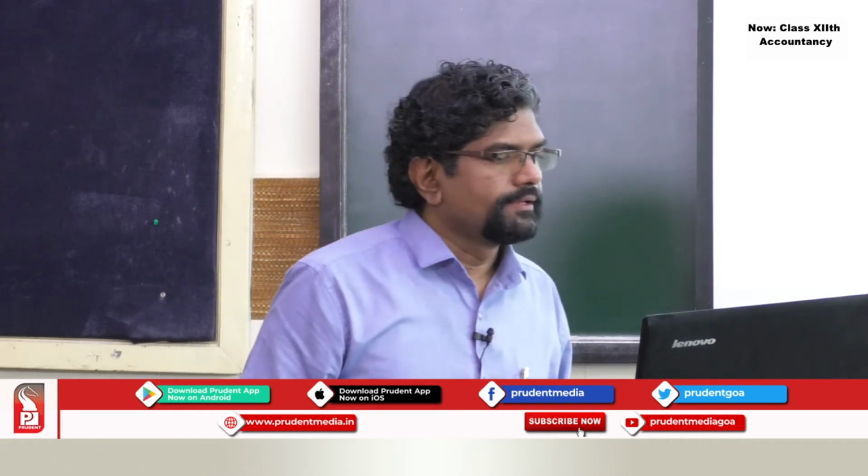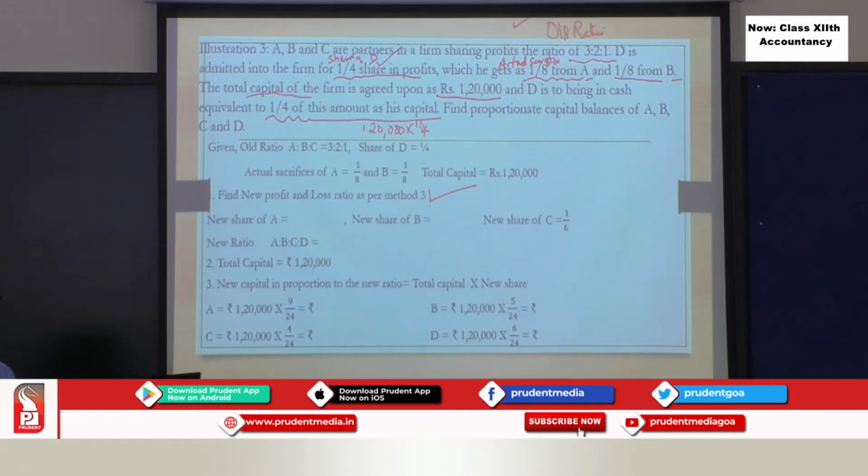Step 1, find the new profit and loss sharing ratio as per method 3. Method 3 is the easiest method. You have to just minus the sacrifice from old share. Old share of partner A is 3/6 minus the sacrifice, 1/8. Now, here how do we minus? It is very important to remember, before addition and deduction of fractions, the denominator should be kept the same.